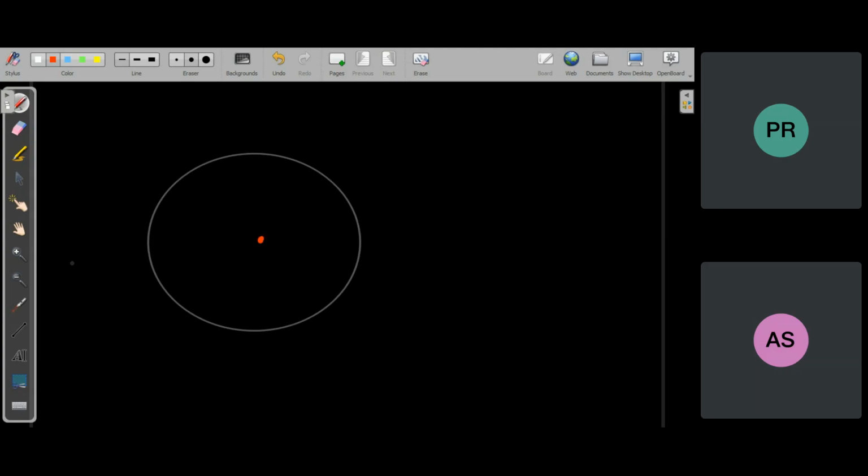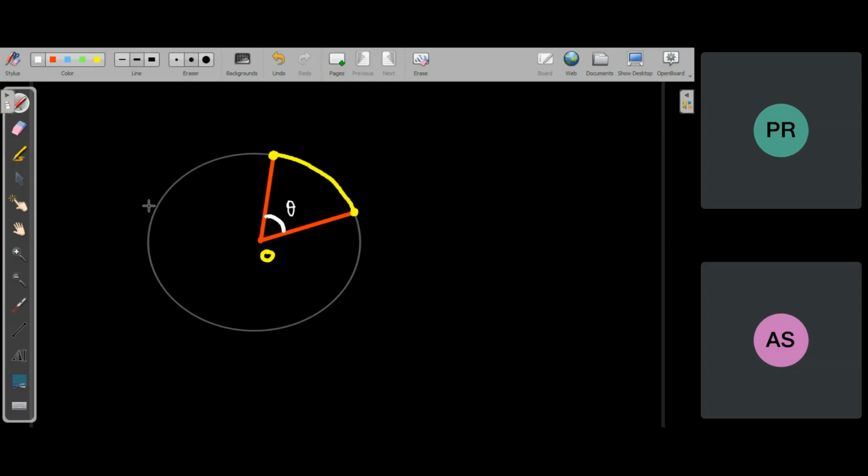Suppose a particle goes from one point to another through this circular path, and this is the angle subtended. The angle that the particle rotated about the origin, about the center, is, let's say, theta.